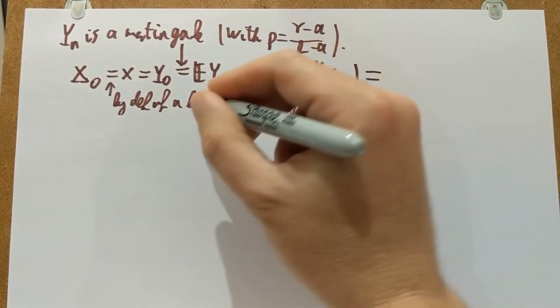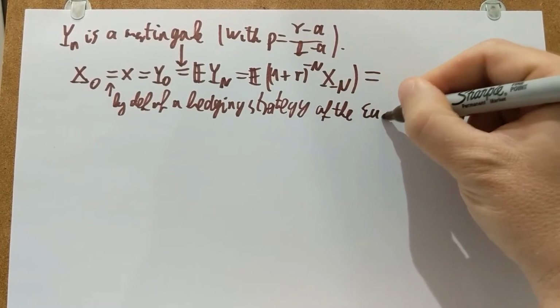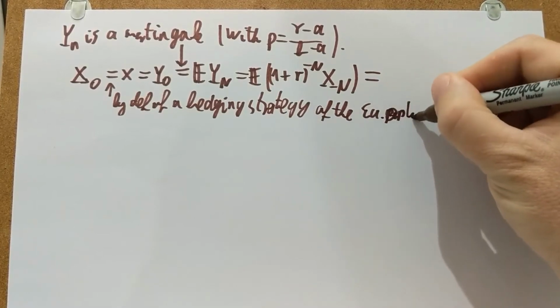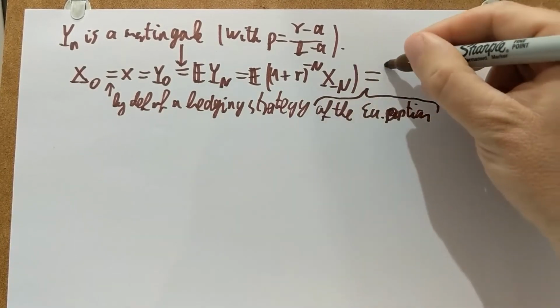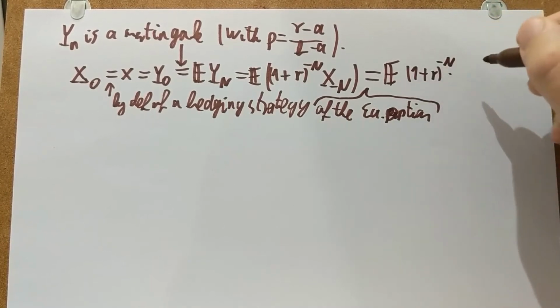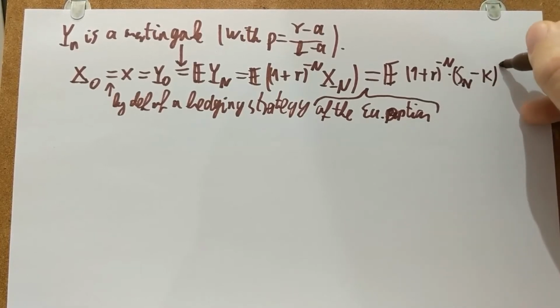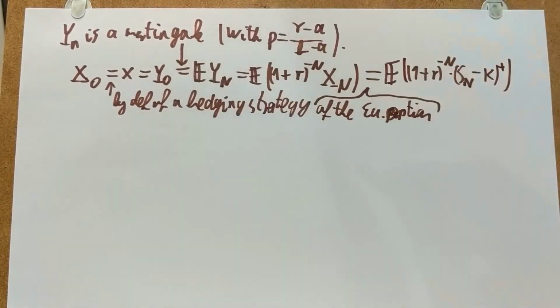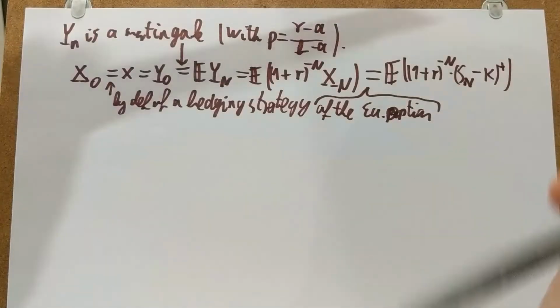And now if I want a hedging strategy of the European option, that means that Xn has to be the value of the European option at time n, because that's what I want to hedge. So that's going to be Sn minus k positive part at time n, because the hedging strategy exactly means that Xn is Sn minus k positive part.